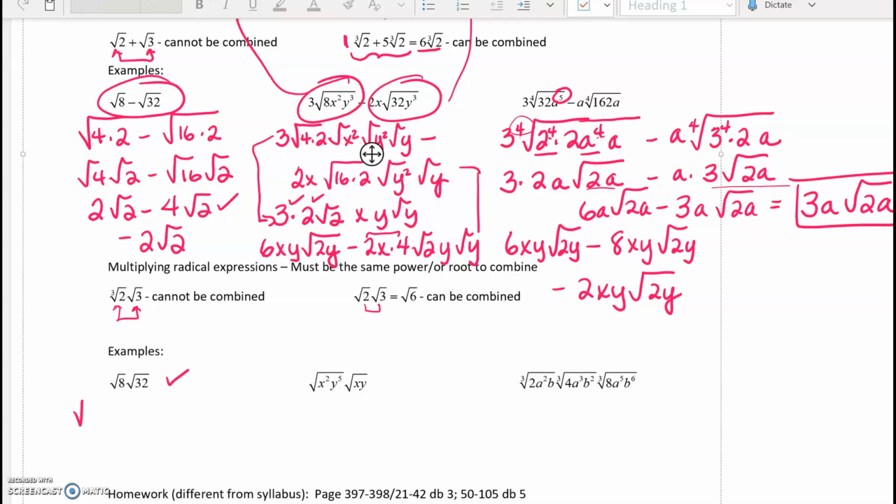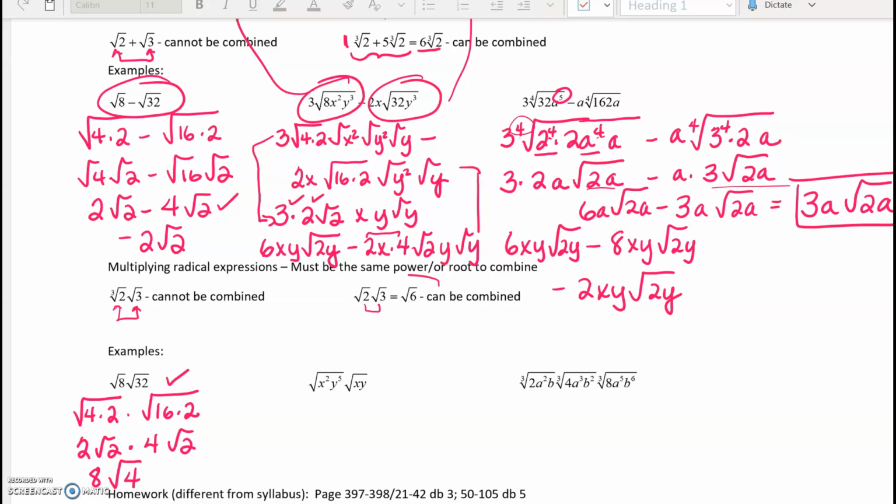I'm going to split square root of 8 into 4 times 2, and I'm going to split square root of 32 into 16 times 2. And then pulling this out, the square root of 4 is 2 times root 2, and then the square root of 16 is 4 times root 2.